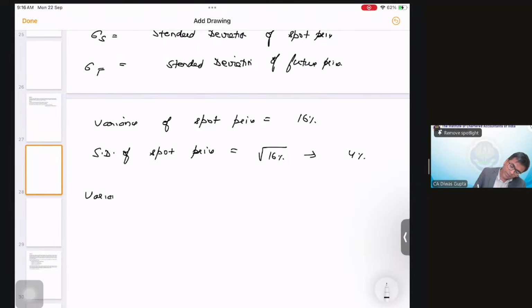The variance of future price is 36%, right? What will be the standard deviation of this? 6%. Yes.